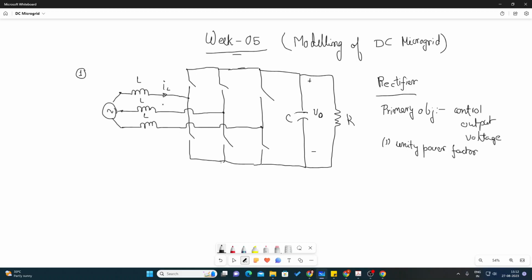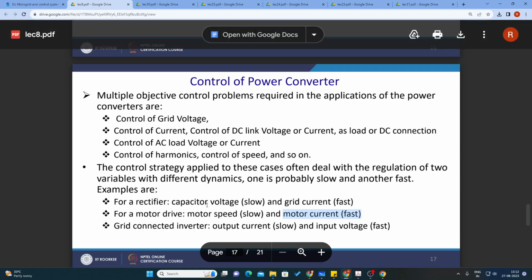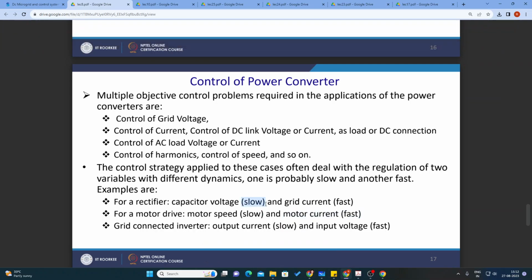That can be achieved by controlling the IL current as well. So the primary objective is to control the output voltage, so it is in the outer loop, and the control of the current is secondary, so it is in the inner loop. The capacitor voltage will be slow since it is in the outer loop, and the grid current will be fast.